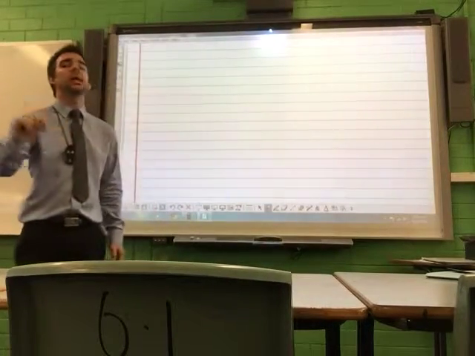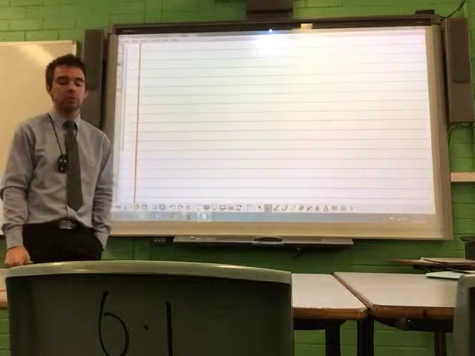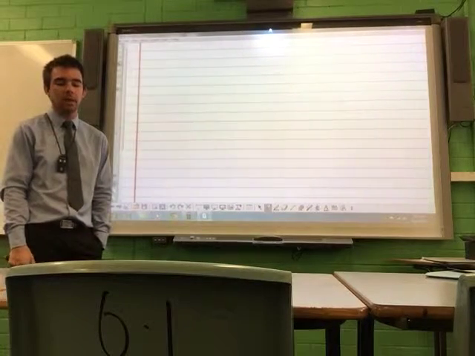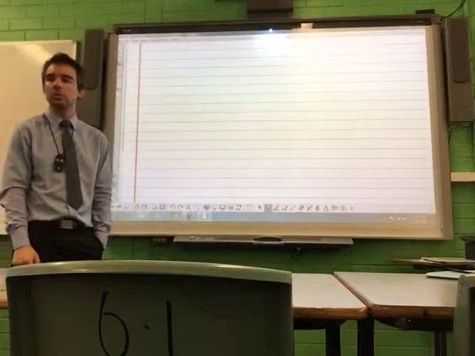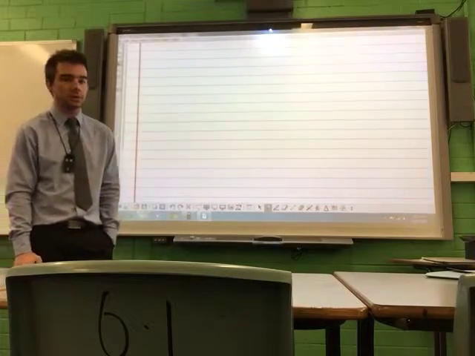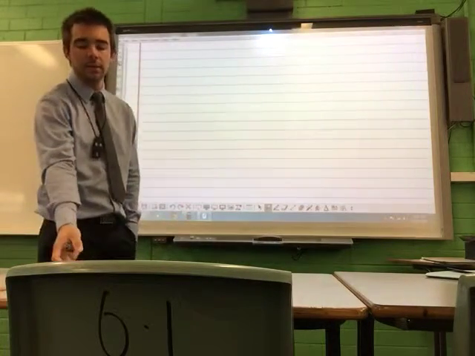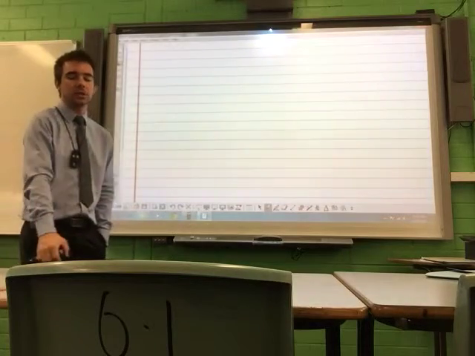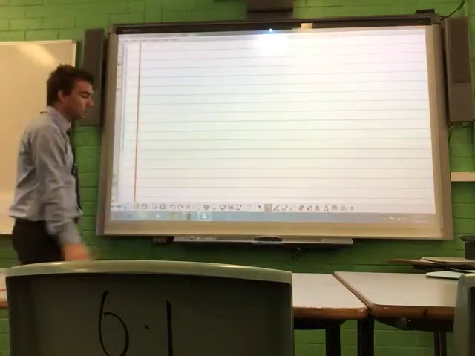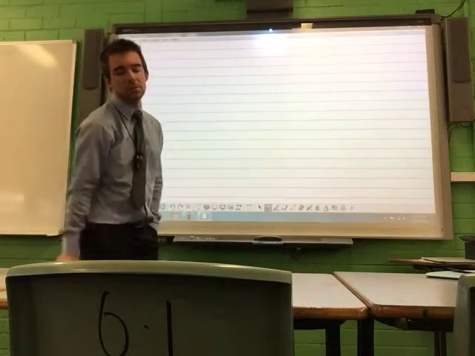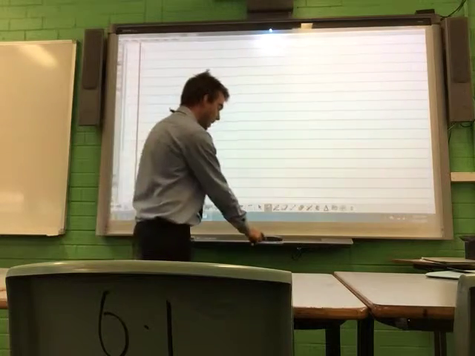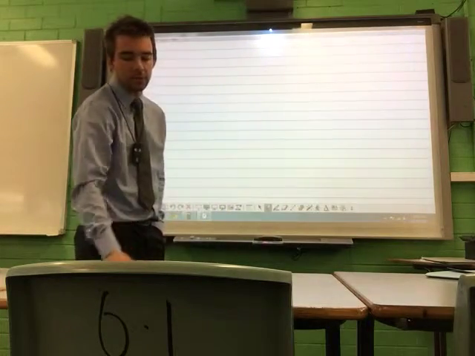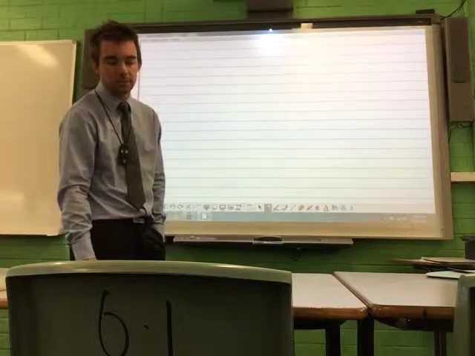What we are going to lead into eventually is proving different angles are equal or different sides are equal, or sides are parallel. So we need to make sure we have a good grasp of the concepts in the exercises, and that will help you to identify things when we lead into proofs.